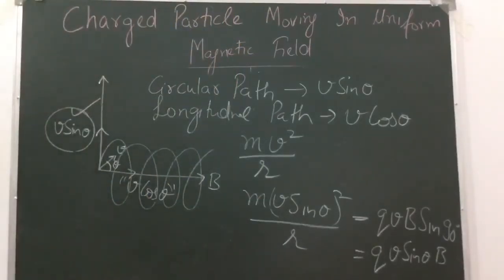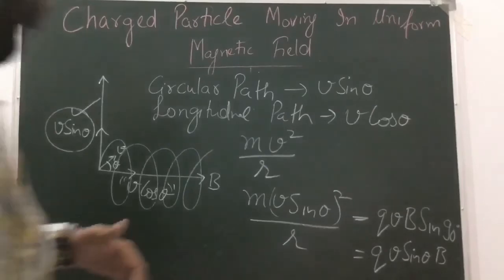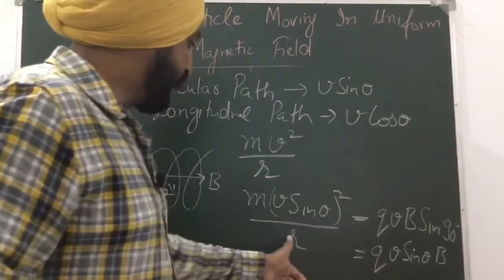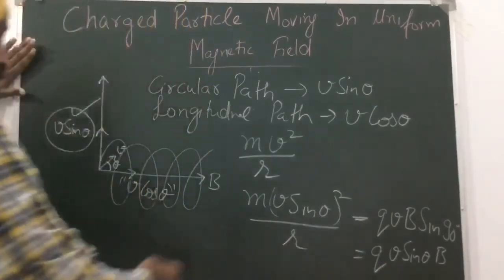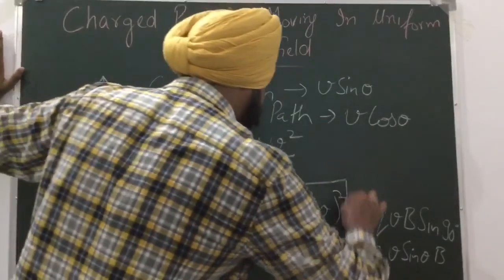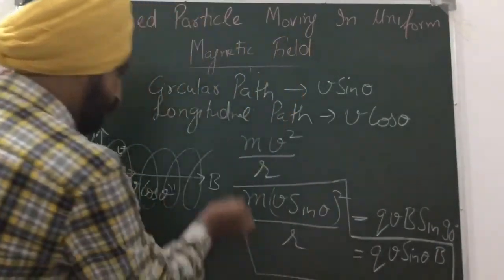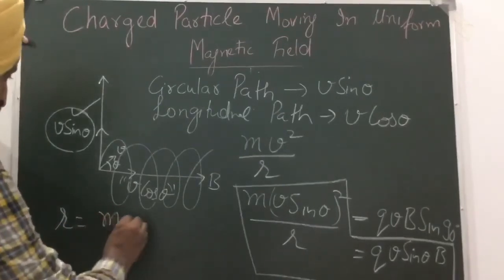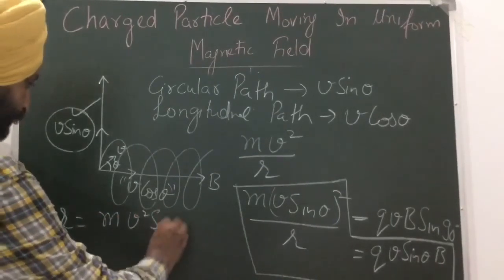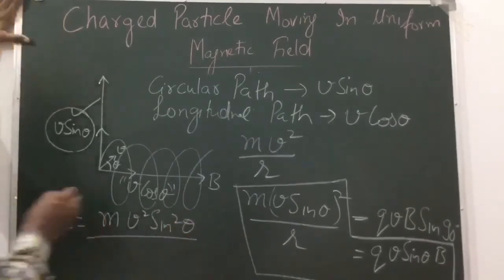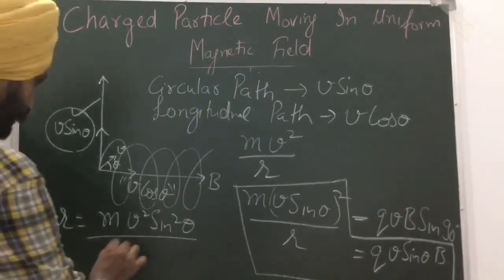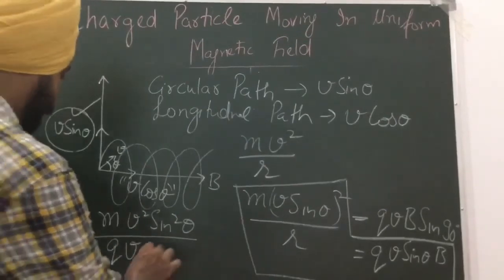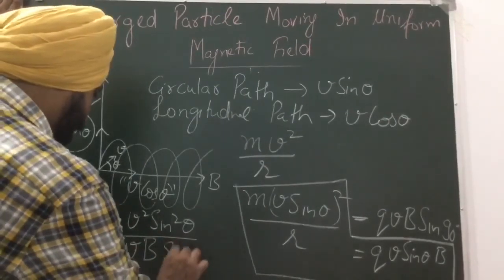So from this formula, we can easily calculate the value of the radius of the circular path. So what will be the radius? The radius of the circular path would be equal to m v square sin square theta divided by q v B sin theta.